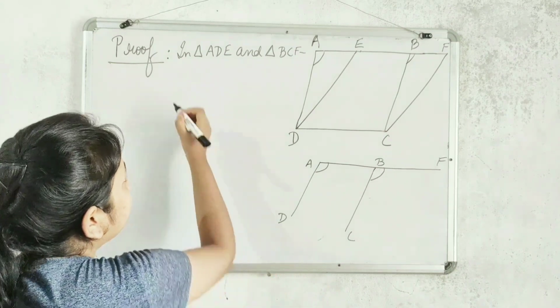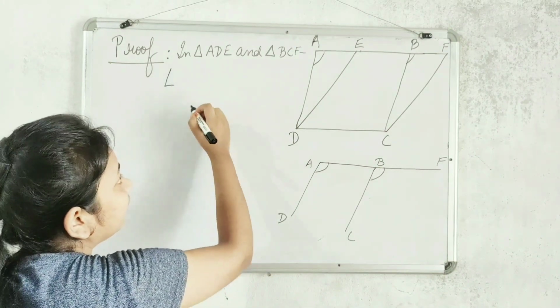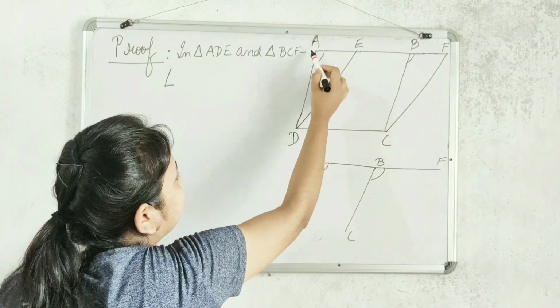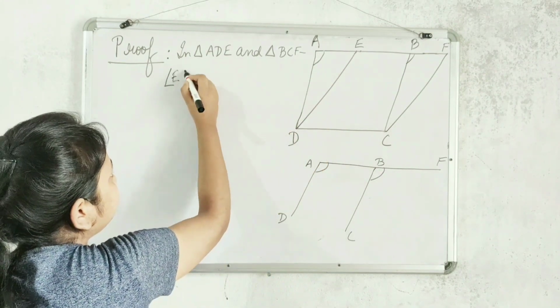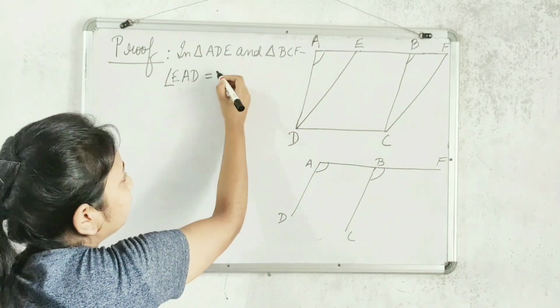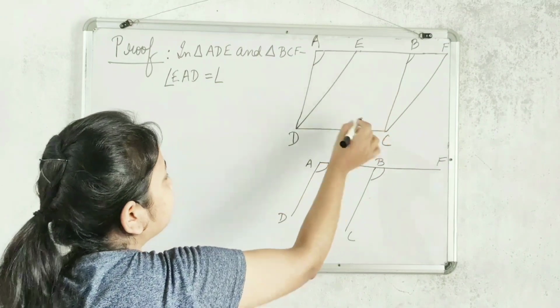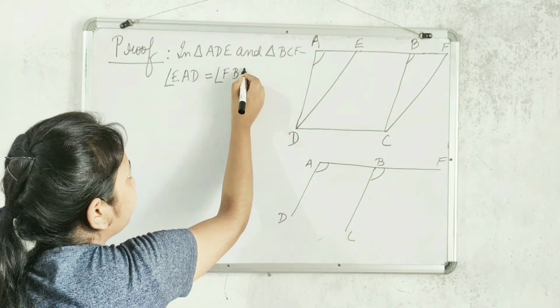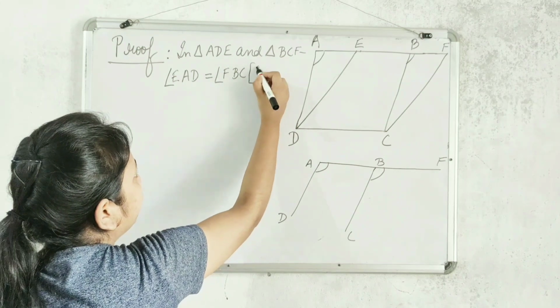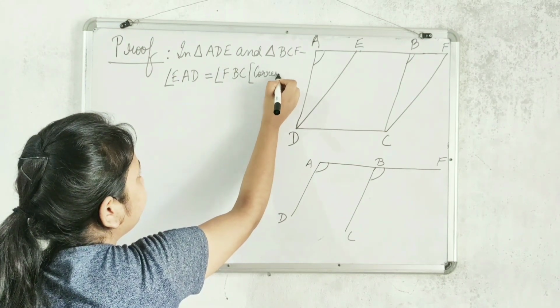We can write angle EAD equal to angle FBC, corresponding angles.